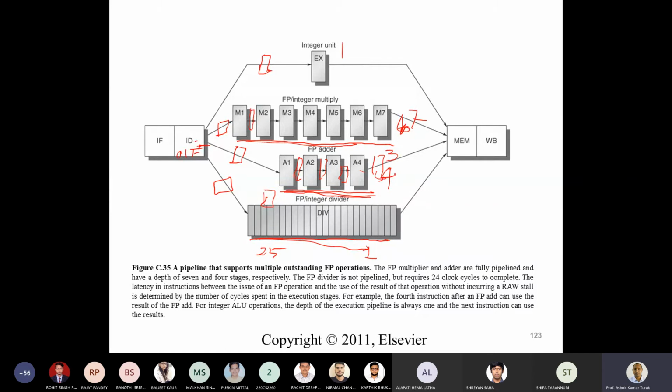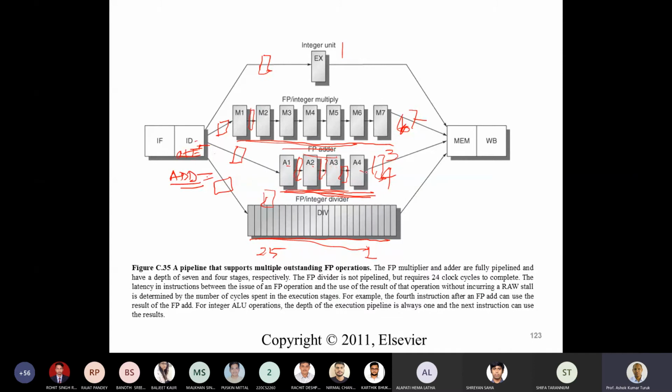Now suppose there is a floating point add instruction, and it needs the result of another floating point add instruction which is in some phase of execution in the floating point adder.